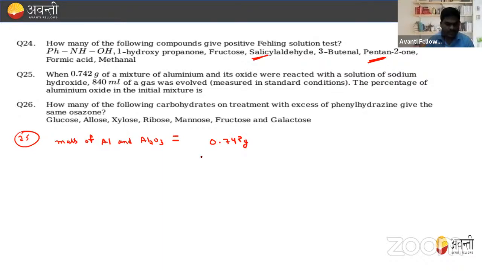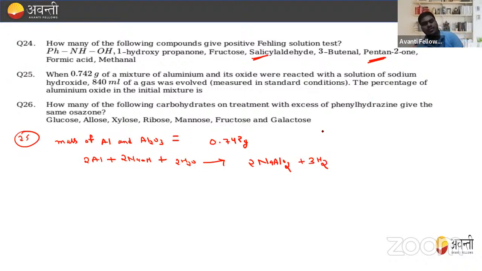Now, we know what happens when aluminum reacts with NaOH: 2Al reacts with 2NaOH. It will provide 2NaAlO2 plus 3H2.